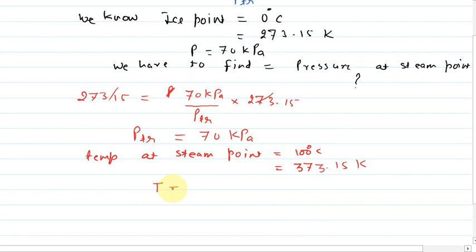So formula is what? P by P triple point into 273.15. Here put the value 373.15, the temperature at boiling point or steam point, and P is the pressure at steam point which we have to find out. P triple point we have found out, it is 70 kilopascal.